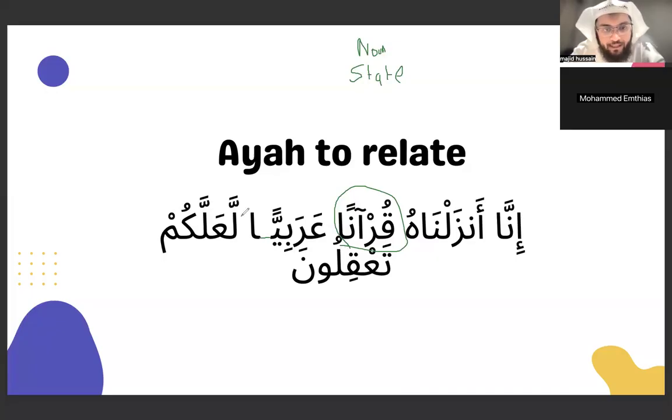Arabi, yeah. And this is in which state or which category of I'raab? It's also in the second one. Yes, second. So, inshallah, when you read the Quran now, you'll be able to see these things.